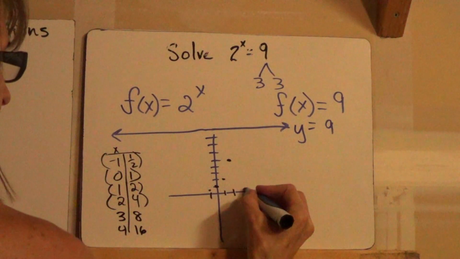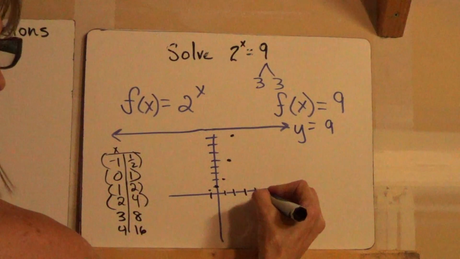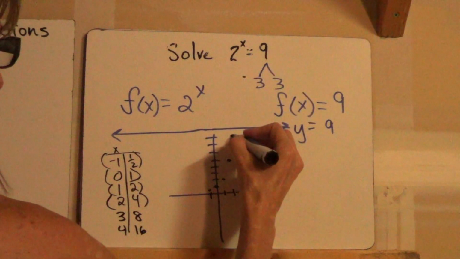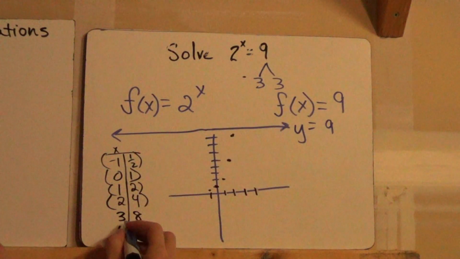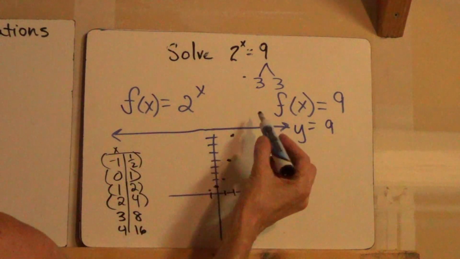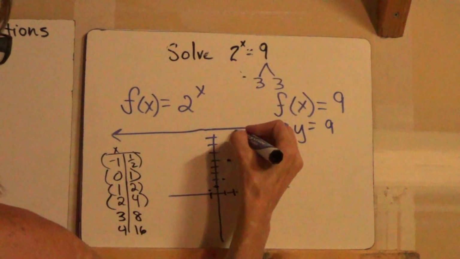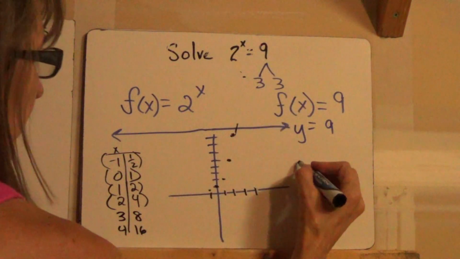So I'd come over to 3 and show it right here at 8, and go up to 4 and show it at 16. It crosses somewhere between this 3 and 4 at the 9, because 3 is right there and 4 is up there. So this is between 3 and 4.